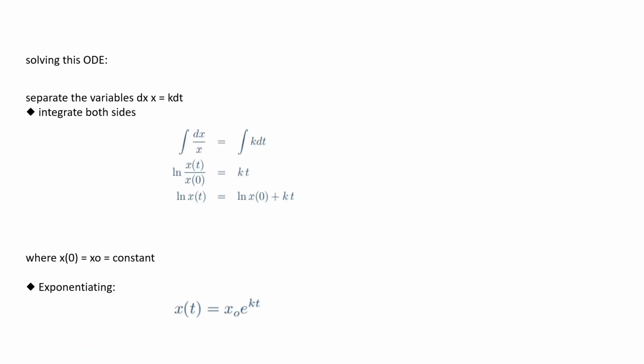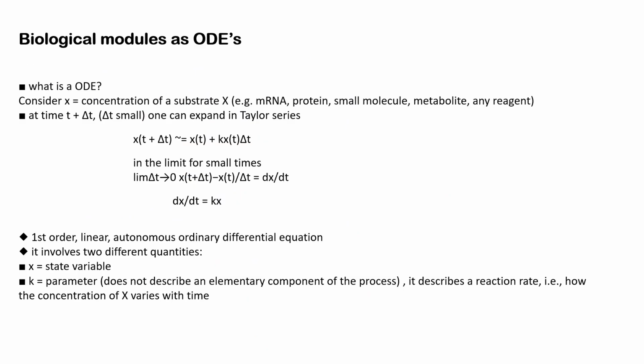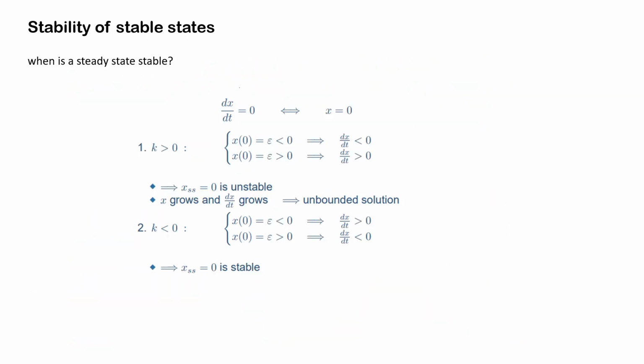So basically, you have your dx/dt equal to kx. If you differentiate it again, you will get k. If k is greater than zero, your system will be unstable because it will be a maxima, and if k is less than zero, it will be a minima, because k determines the sign of the curve. So the stable and unstable steady states are determined by the value of k.